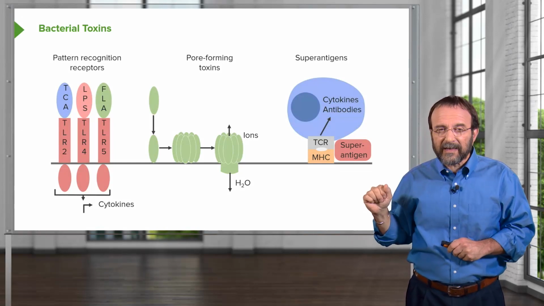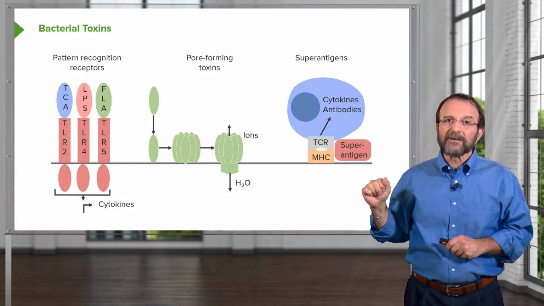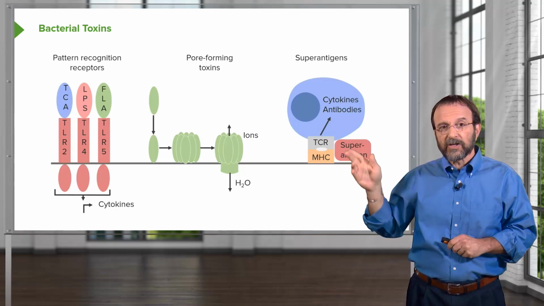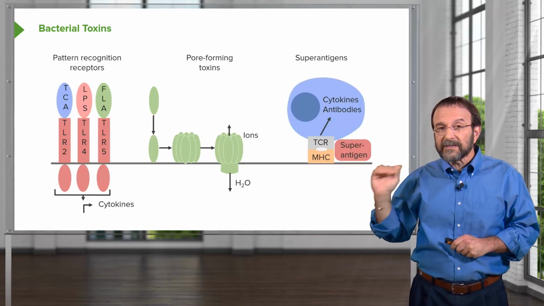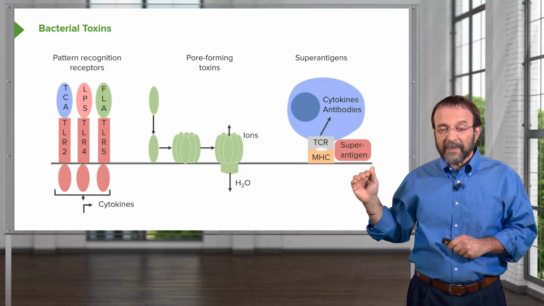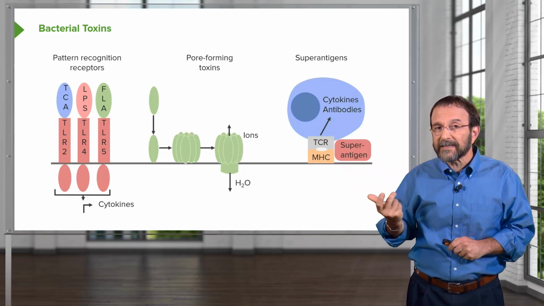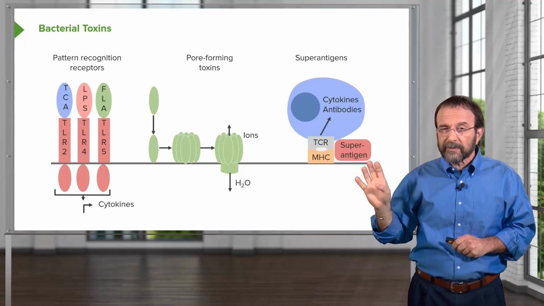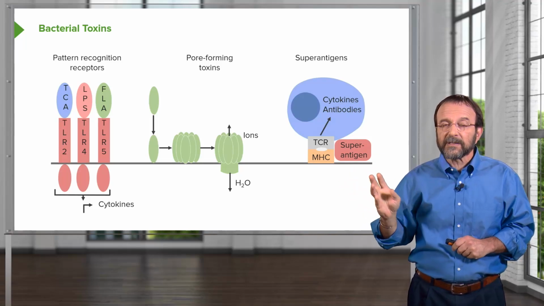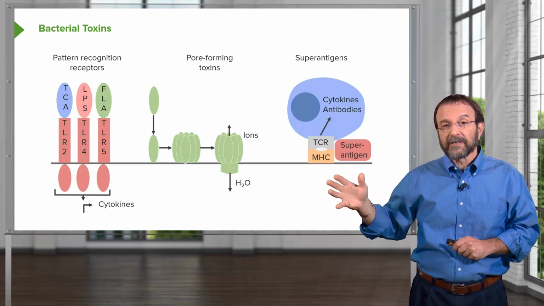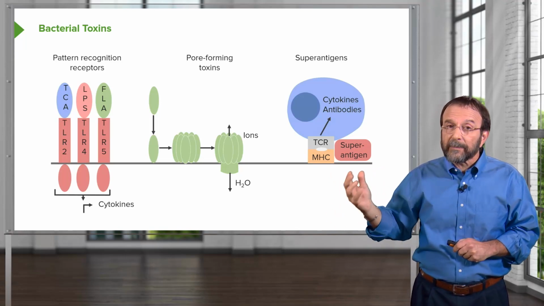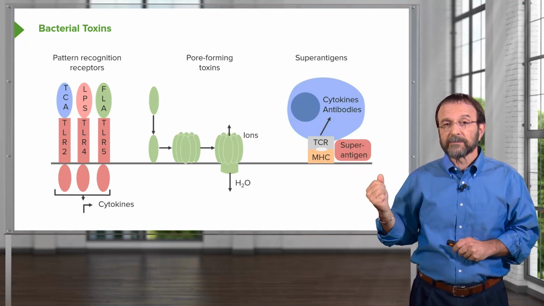Lipopolysaccharide is recognized by pattern recognition receptors located on the surface of the eukaryotic cell. We all have such receptors in order for us to recognize what is foreign. And when foreign molecules are recognized, the result is a production of cytokines which mobilize the immune response, but may also have detrimental properties.